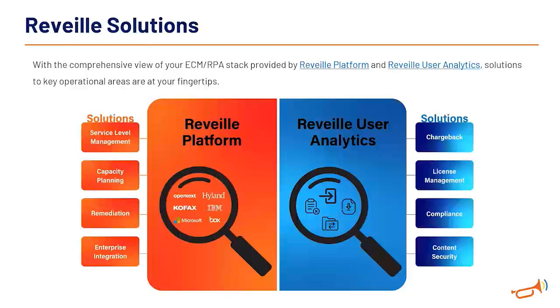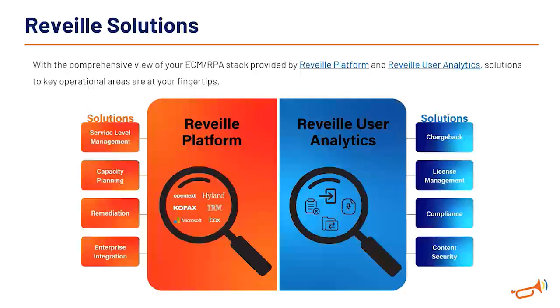The next slide, basically over time with our existing customers, we built out additional capabilities we call solution packs. And these solution packs are added functionality that we built with the tests that already exist in the Reveille platform and user analytics code to give your users and give your IT organization more business value.